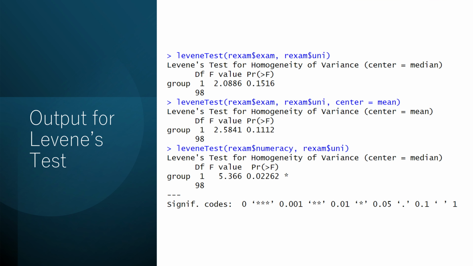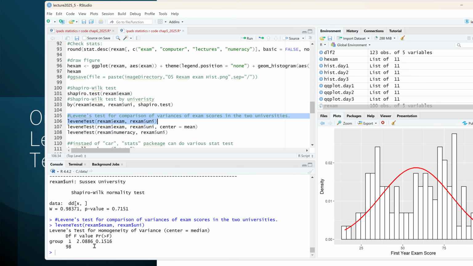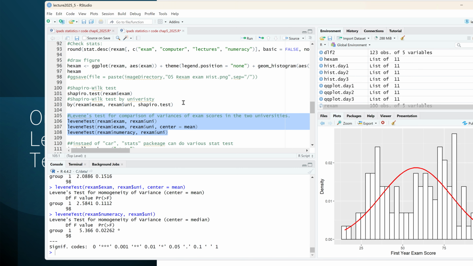Okay, this is the output of Levene's test. We can check the comparison of variance with Levene's test in R. We can get the Levene's result like this.